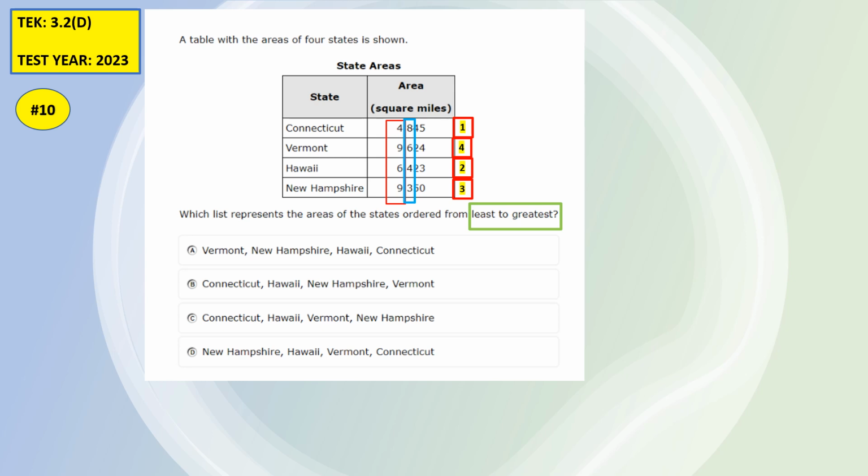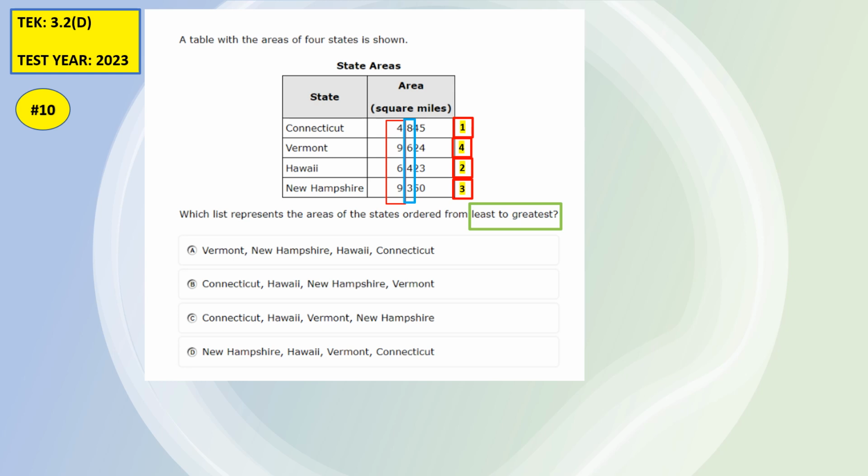Now I'm going to check my answer choices to see which answer choice matches the way that I have my numbers listed. So the first state that should be listed is Connecticut. Well, I'm in luck because I see that I have 2 answer choices with Connecticut listed as the first state. And I have 2 answer choices that don't have Connecticut listed as the first state.